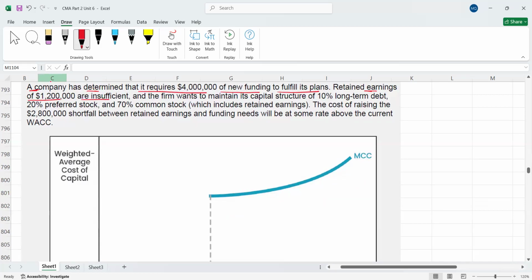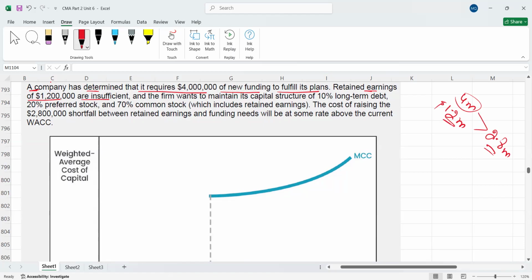In simple words, we need 4 million total funds to finance our capital project, but we already have 1.2 million dollars from retained earnings, and obviously the deficit is how much? Because we need 4 million, but we already have 1.2 million, so the deficit is 2.8 million dollars, right? This 2.8 million dollars we may take through debt, or we can issue preferred stock or common stock, or maybe a combination of all.